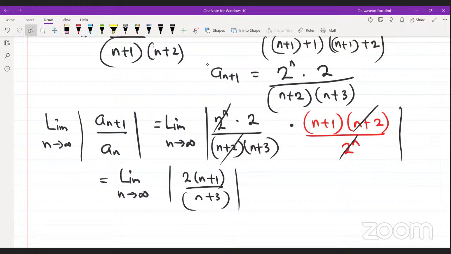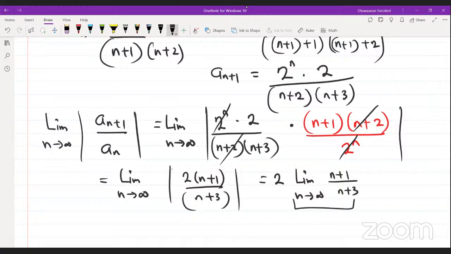Now this is 2. 2 is a constant, you can pull it up front. n plus 1 over n plus 3. Now, this quantity is positive, so I can take off the absolute value. But this limit equals 1.